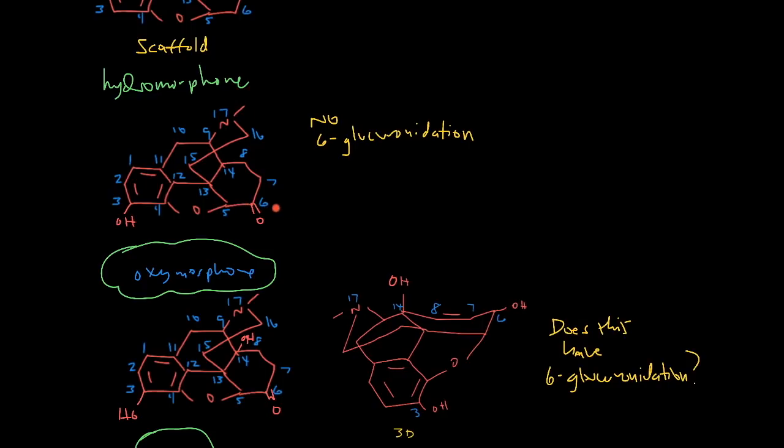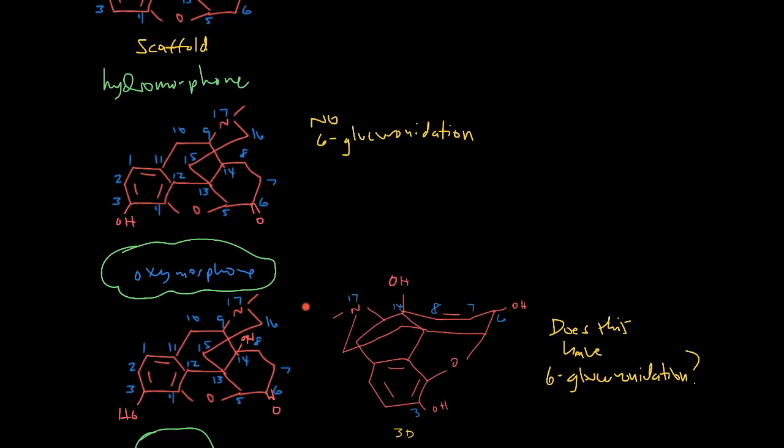Here's your ketone at the 6th position. Morph means it's a morphine derivative, and hydro means you're adding hydrogens, or saturating the double bond here. It's actually more potent than morphine. Why? Because remember, I said earlier that saturation increases potency. Adding ketones increases potency, and that's it.